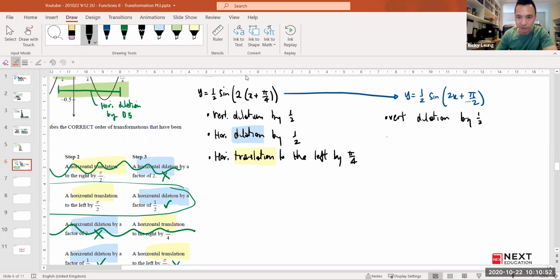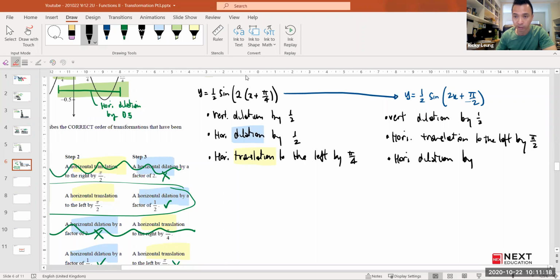But what's important is if I translate first, because the bracket's gone and I'm using this pi on 2 now, I will be translating to the left by pi on 2. Pi on 2 is the translation. And then I horizontally dilate by half.